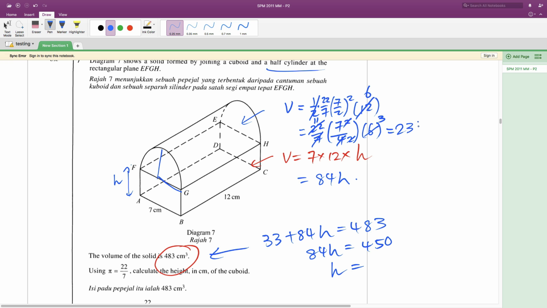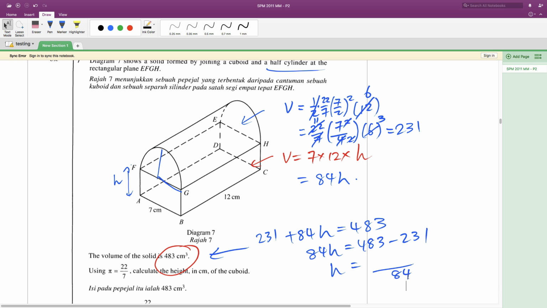This is 231. So this is 231 plus this one. Yeah, so I will redo it. This is 483 minus 231. So h will equal the answer divided by 84.